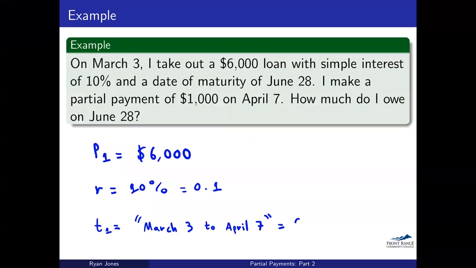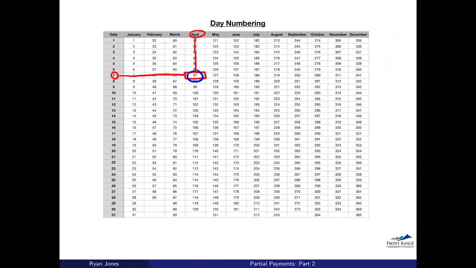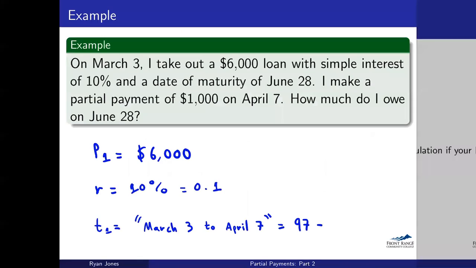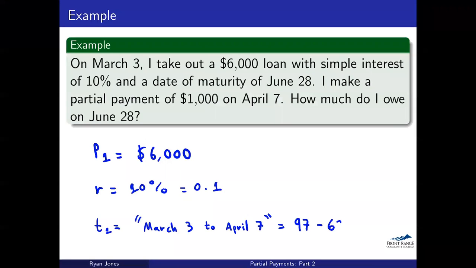And so we'll put in a 97. We're going to subtract off whatever day we get for March 3rd. Let's go back right here. So we're going to go to March 3rd. We're going to get this 62 right there. So then we have 62. And this is going to be 35 days.